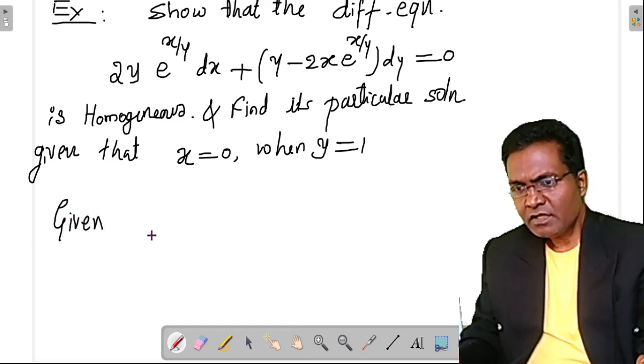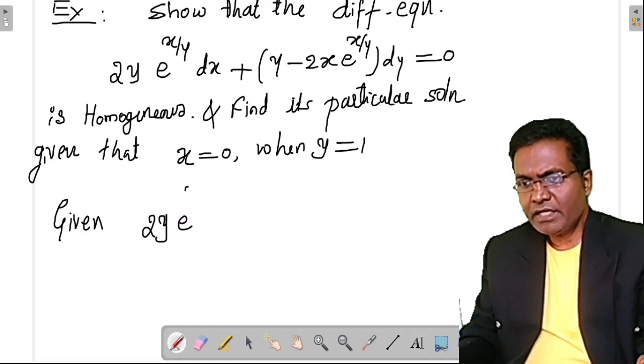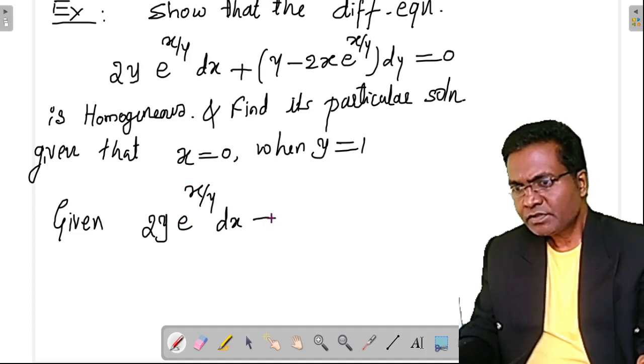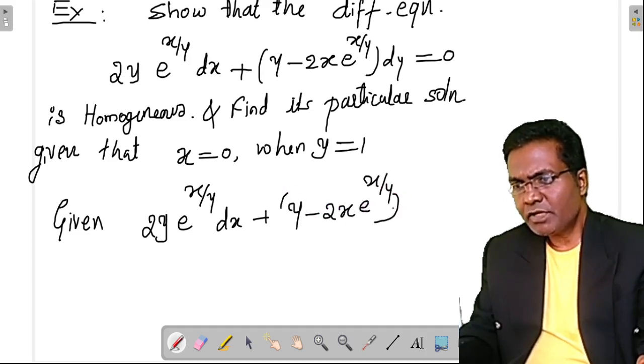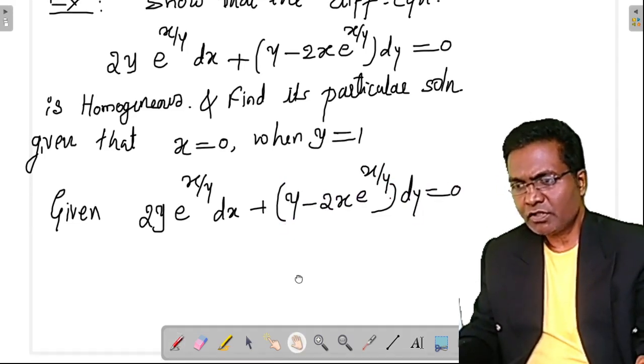So given is 2y e^(x/y) dx plus (y minus 2x e^(x/y)) dy equals 0.